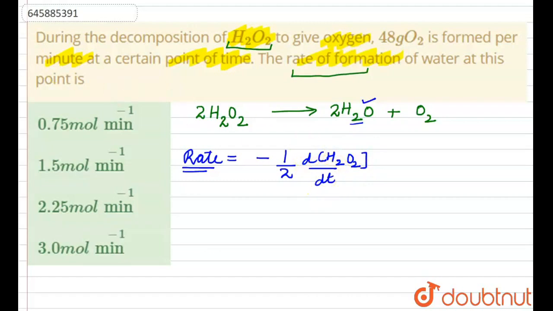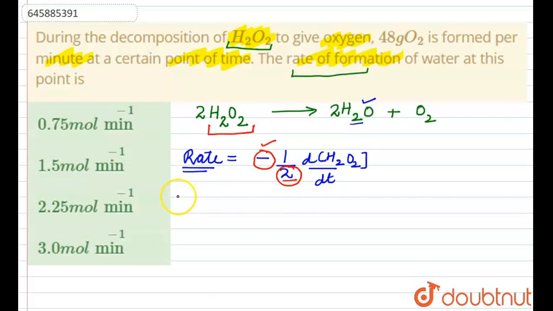So basically, 1 or 2 points to remember here. This negative sign shows that in the reaction the reactant concentration decreases with time, so that's why we have this negative symbol. And this 1 divided by 2, this 2 is the coefficient of H2O2, so that's why it is written in division.